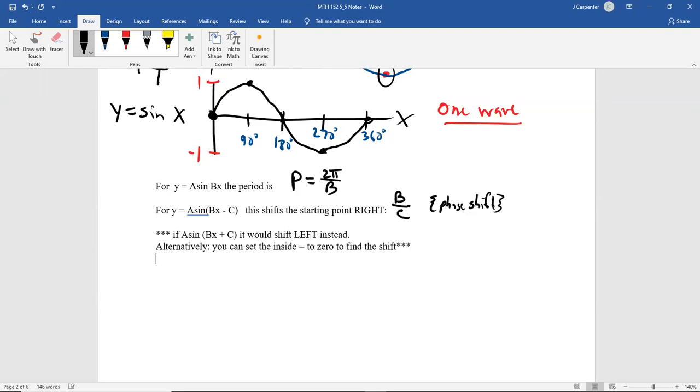All right, so with the amplitude, which is A, period, and the shift, you then need to find the 5 critical points to graph.